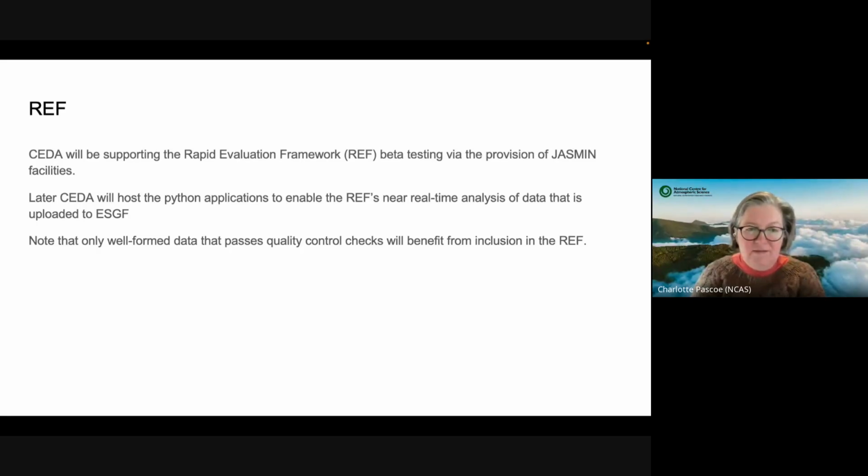So later, CEDA will be hosting some of those Python applications that will give us some near real-time analysis of the data for CMIP7 that's uploaded to ESGF. And as part of that, to note that really only well-formed data that passes the required quality control checks are going to be able to benefit from inclusion in the REF, because they'll need to be fit for being able to be ingested into those Python applications.